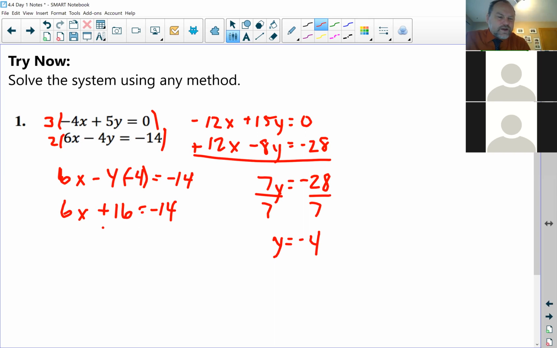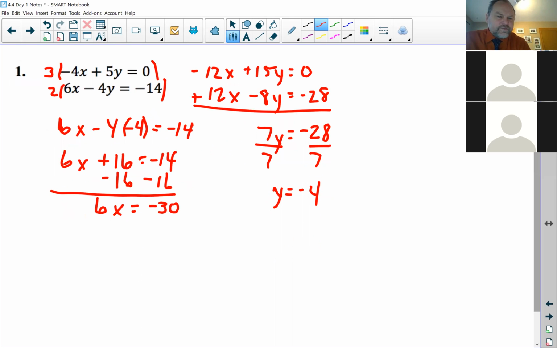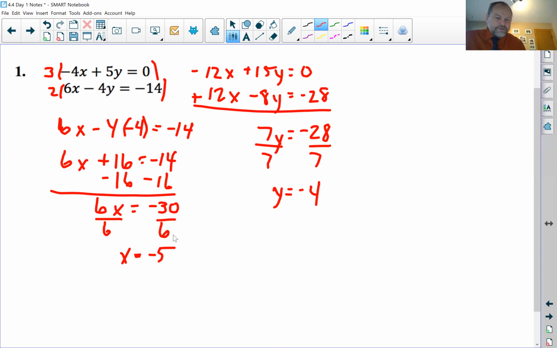Then I'm going to have to subtract that 16 from both sides. And divide by 6. So my solution that I came up with is negative 5, negative 4.